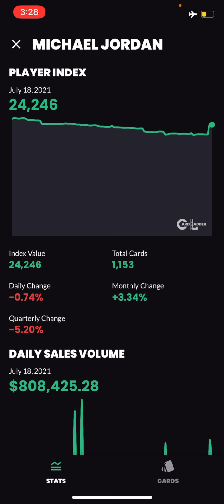It seemed like so many PSA 10s came to market when it was at its peak and people tried to sell at that peak, that now people would consider that to be a bit of an increase to supply, or the market flooded, and so it started to have a downturn for a while. We're seeing that recovery. So the player index is a nice place to see that as a whole for a player and their entire population of cards. So just keep that in mind.